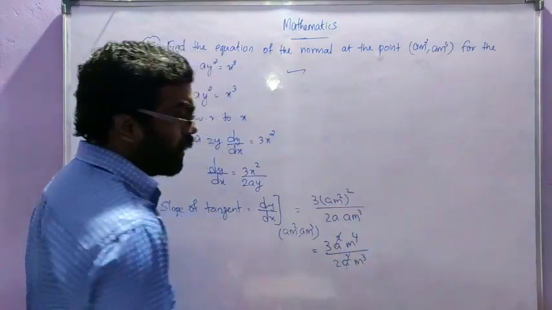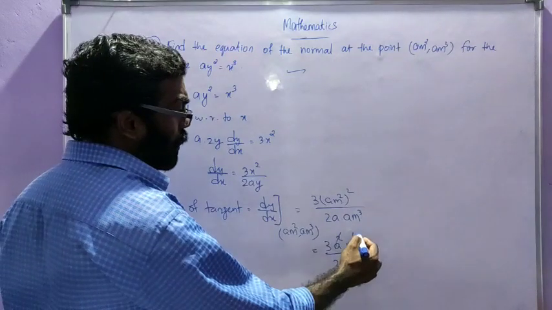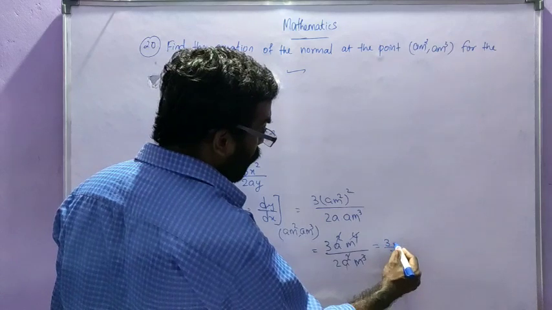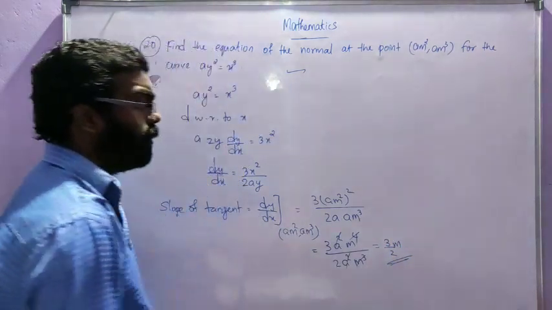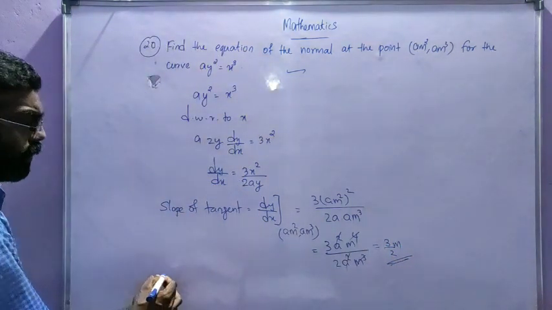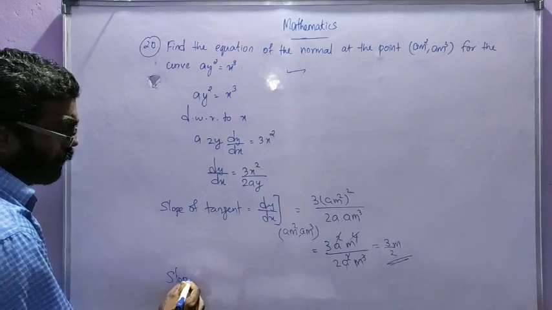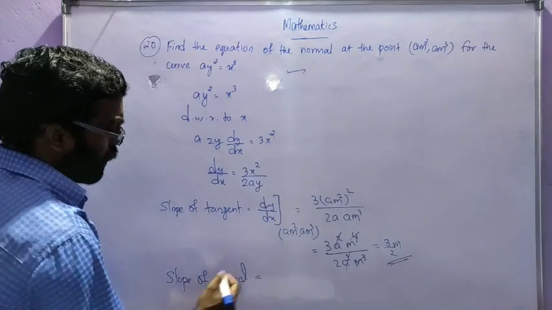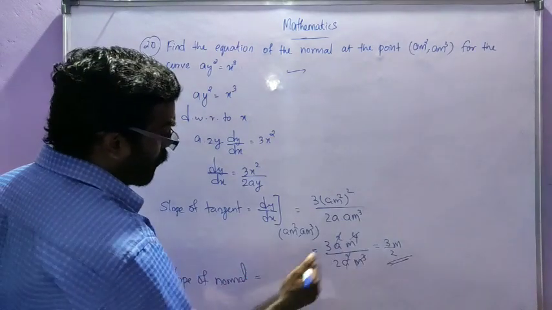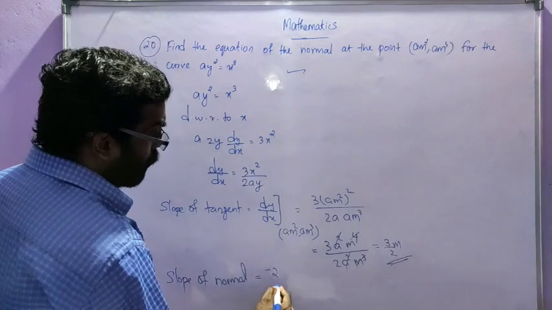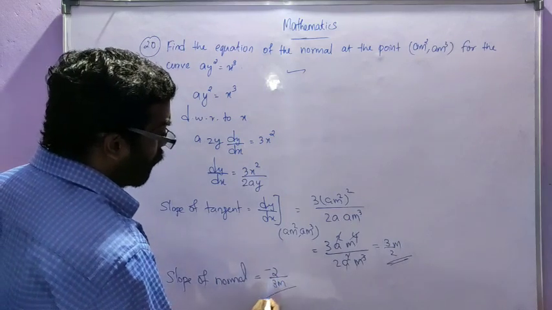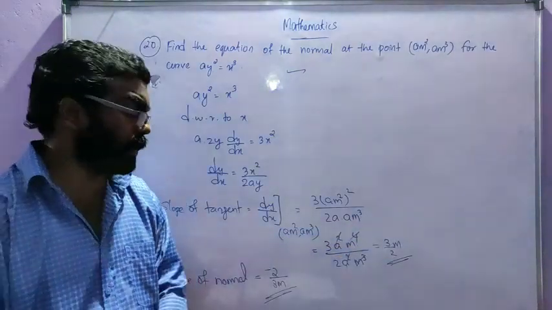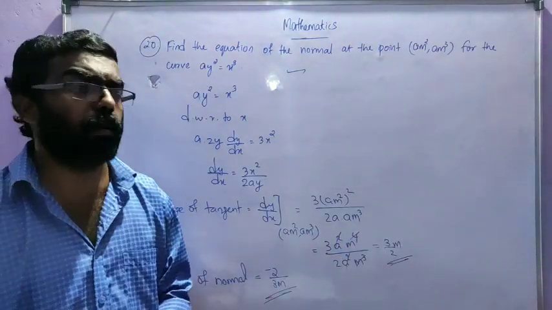A square we can cancel, and m cube we can also cancel. So the remaining term is 3 by 2 m, or 3m by 2. As we know, slope of normal is the negative reciprocal of slope of tangent. So here we can write slope of normal is equal to the negative reciprocal, minus 2 divided by 3m. Here it is 3m by 2, so the negative reciprocal means minus 2 divided by 3m.